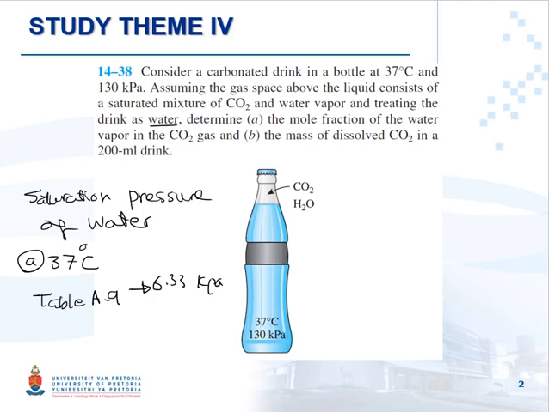We also said that because carbon dioxide is weakly soluble in water, we can apply Henry's law. To do that, first we need to find the Henry's constant. How do you need to find it?